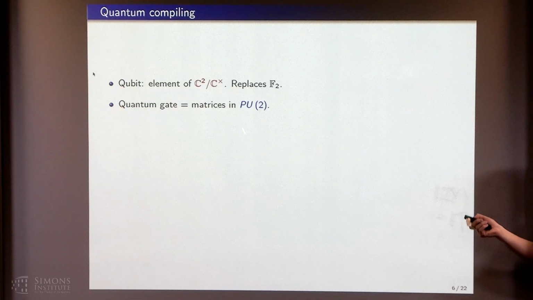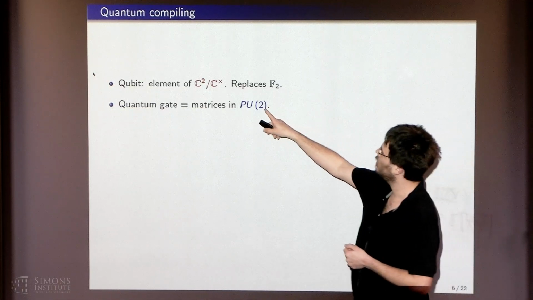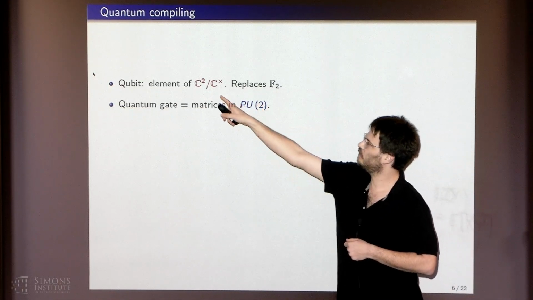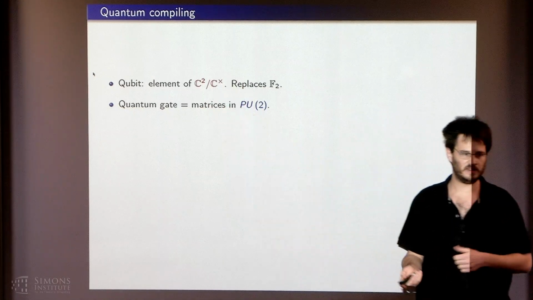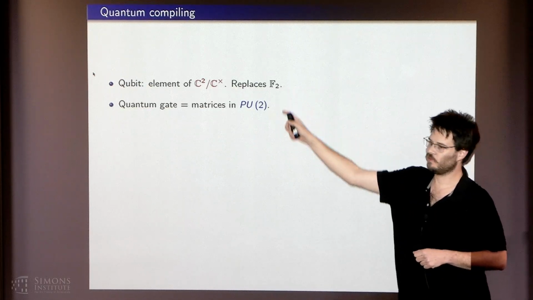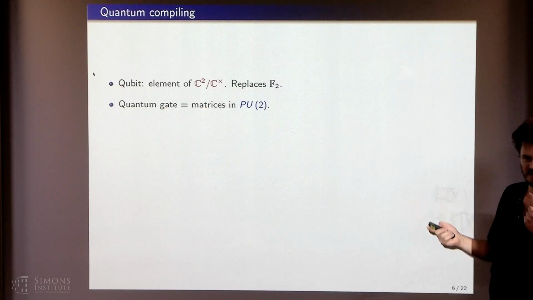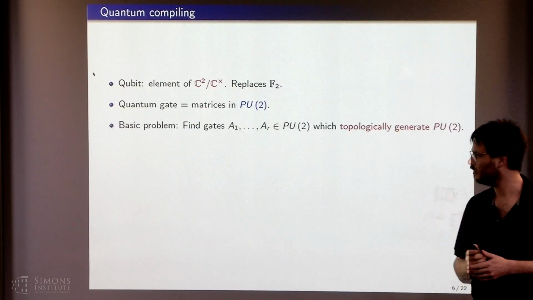But if you have 1 qubit, you suddenly have the whole of PU_2. So the projective unitary matrices on C^2 act on this thing, and this is what a quantum computer should be built from. So this is the model of a quantum computer. And this is uncountable, unlike here where we had 4 gates. So already to understand how to build quantum gates for a single qubit is quite hard.